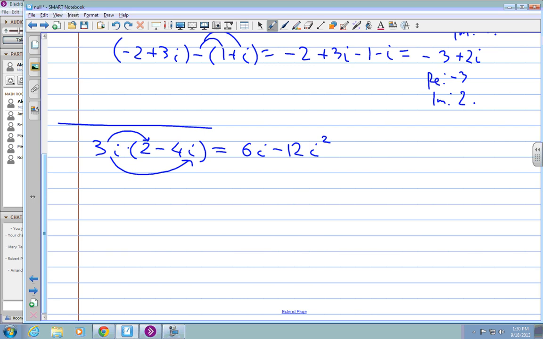Now, that's where the -1 comes in, because we know that i squared equals -1 by definition, so this becomes 6i minus 12 times -1, because i squared equals -1. The two negatives will give me a positive, right?